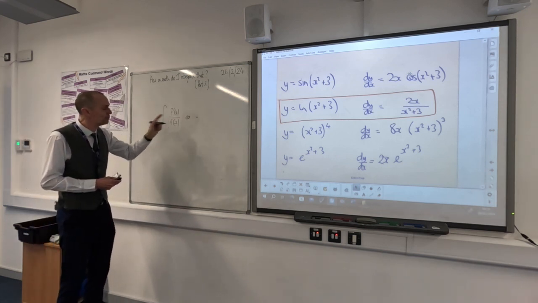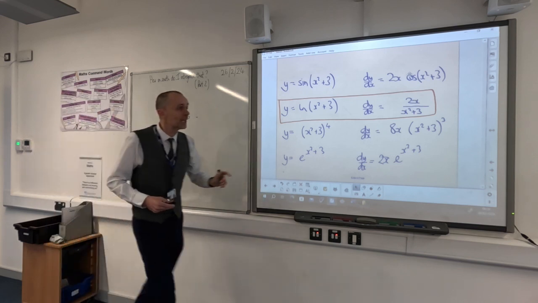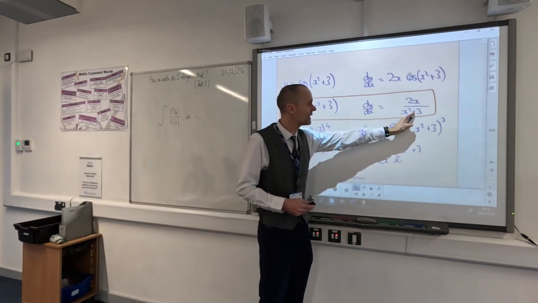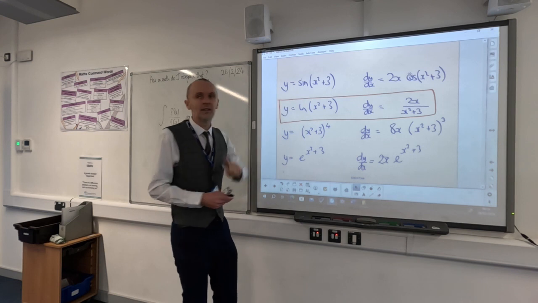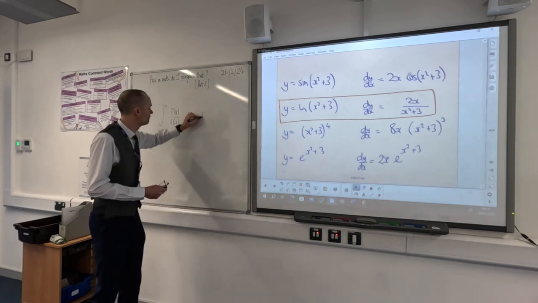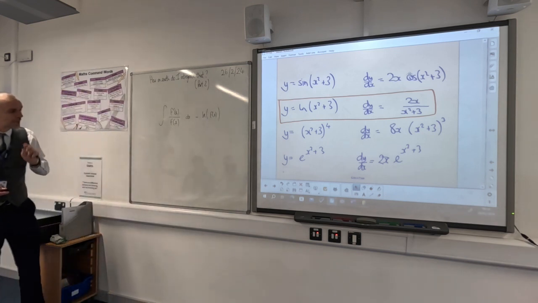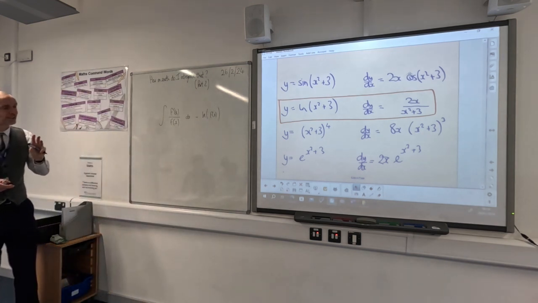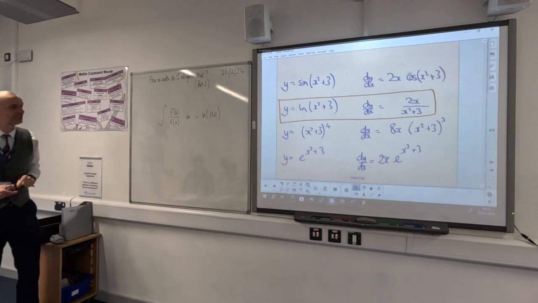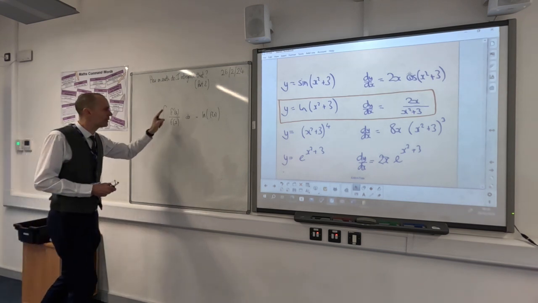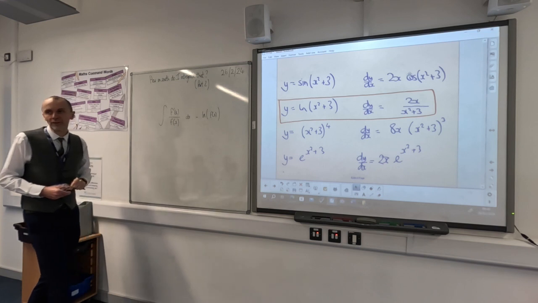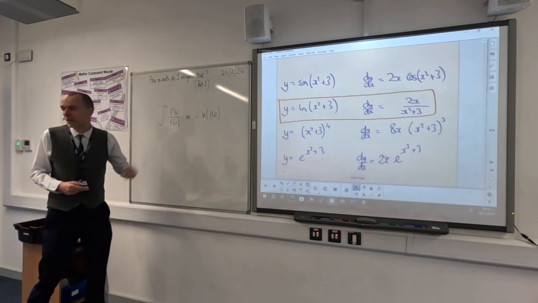And if that's something you're being asked to integrate, then I know that's going to be my answer. So if you are asked to integrate a fraction where the thing on the top is the differential of the thing on the bottom, you know that must have come from a log.